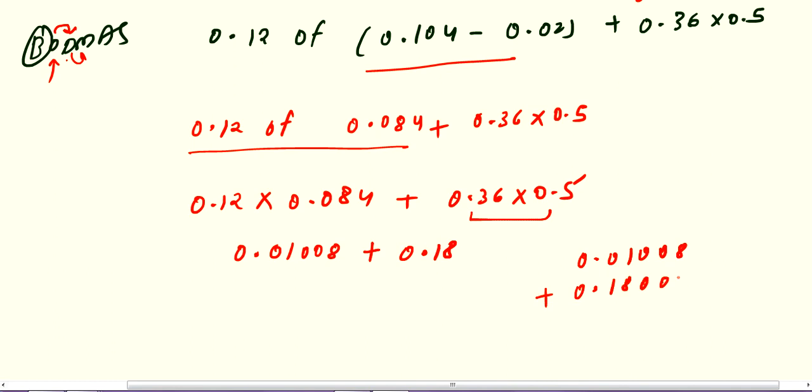Simply we will write 000. So 0.01008 and 0.18000. So 8 plus 0 is 8, 0 plus 0 is 0, 0 plus 0 is 0, 8 plus 1 is 9, 0 plus 1 is 1.0. So this is your required answer, 0.19008.